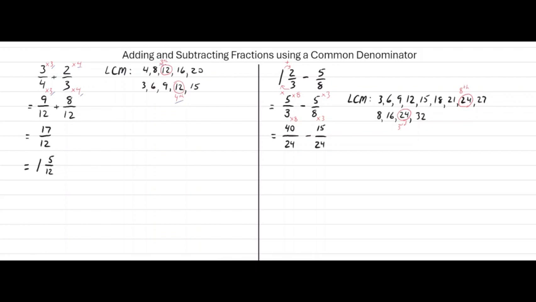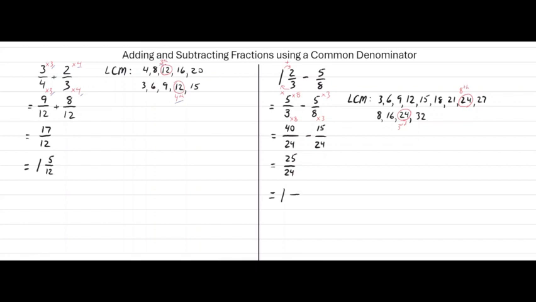And with the common denominator, we can subtract. We're still going to be in 24ths, but I also need to subtract those numerators. Quick, 40 minus 15 would be 25 24ths. If we want to convert that to a mixed number, how many times does 24 go into 25? It goes once.